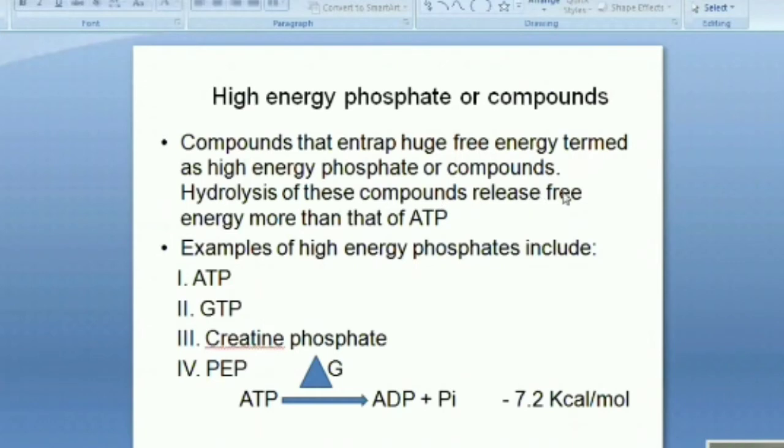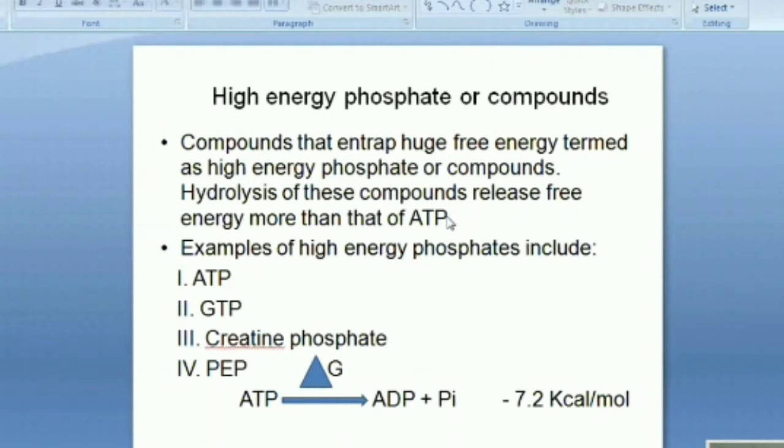Hydrolysis of these compounds releases free energy more than that of ATP. So high energy phosphate can be defined in another fashion: compounds that release free energy more than that of ATP can be termed high energy phosphate compounds.